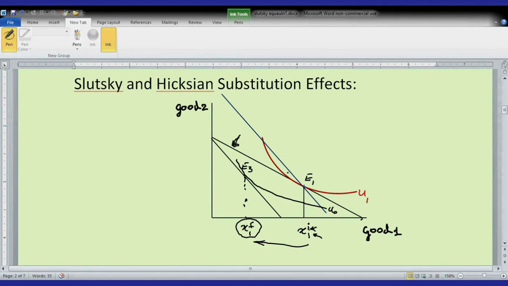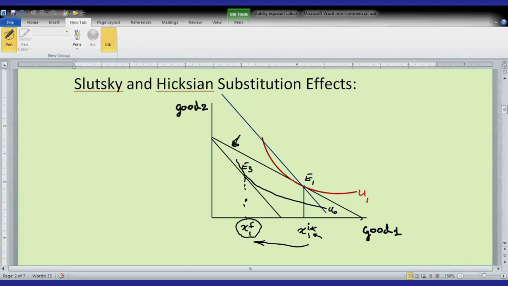So this compensation, which is represented by the budget constraint in blue, allows the individual to consume x1i units of good 1 and the initial amount of good 2 as well.